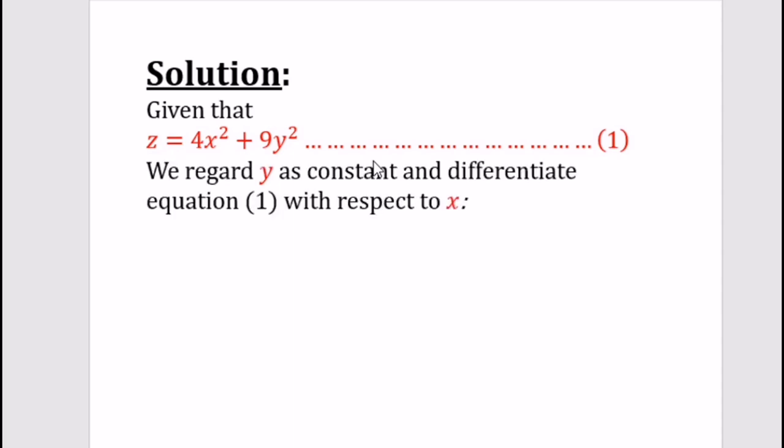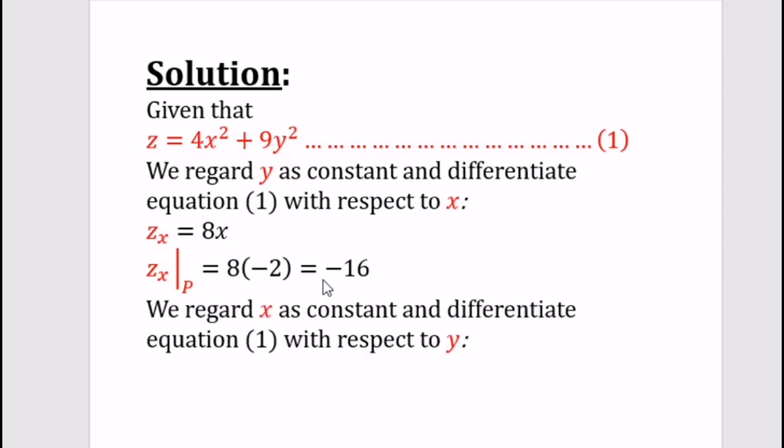So we regard y as constant and differentiate equation 1 with respect to x. So we have zx is equal to 8x. Now zx at P is equal to 8 times minus 2, which is equal to minus 16. The next step, we regard x as constant and differentiate equation 1 with respect to y. So we have zy is equal to 18y.